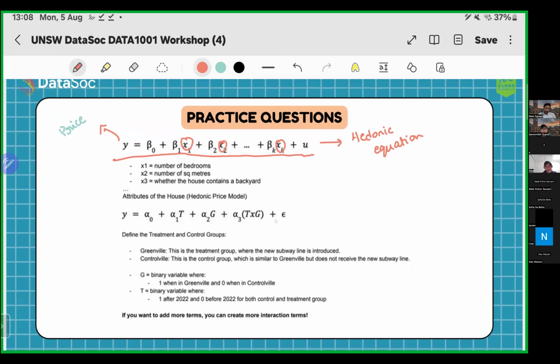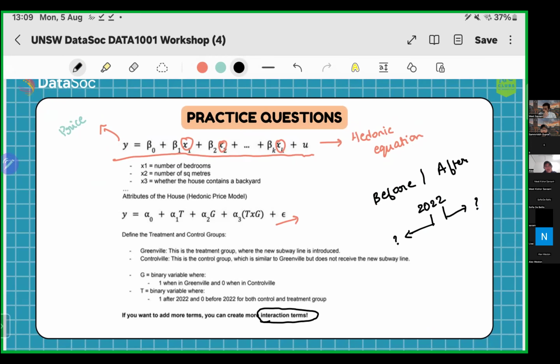But in DID, we use something called an interaction term. To explain DID in a few words, we basically divide the study into two parts: before and after. In this study, we need to figure out what the effect was before 2022 and what the effect will be after 2022.